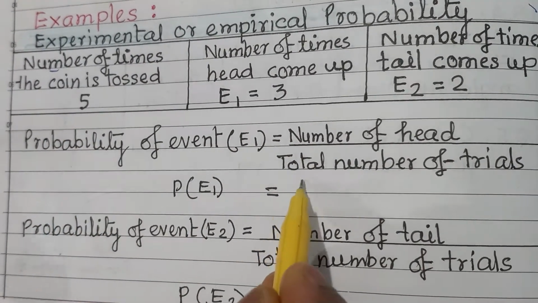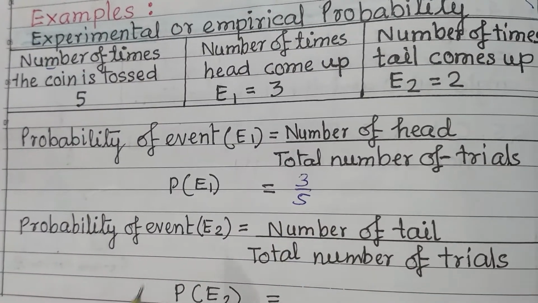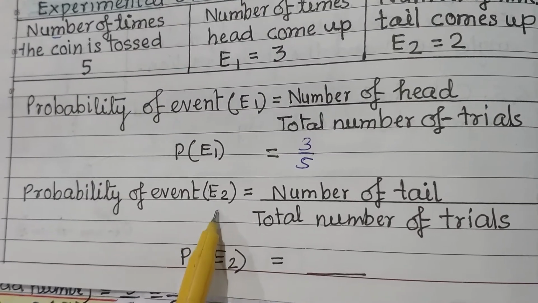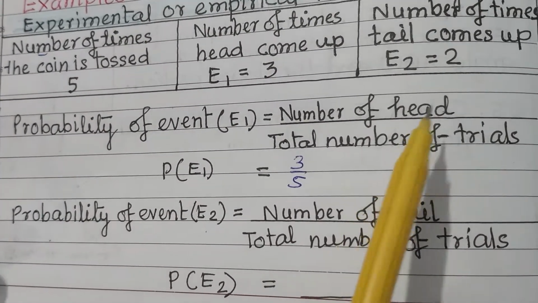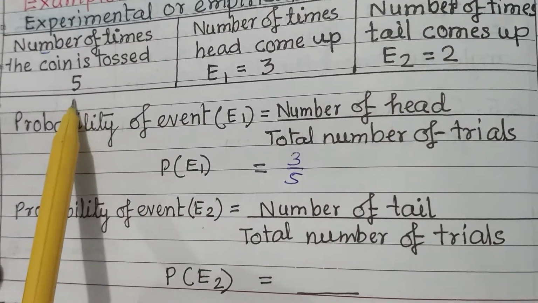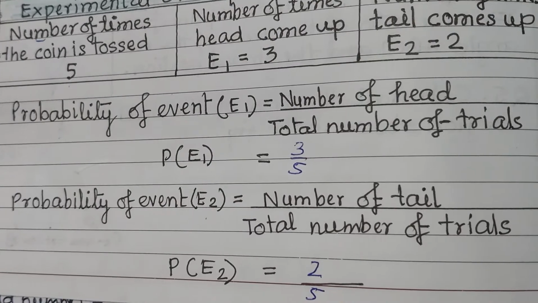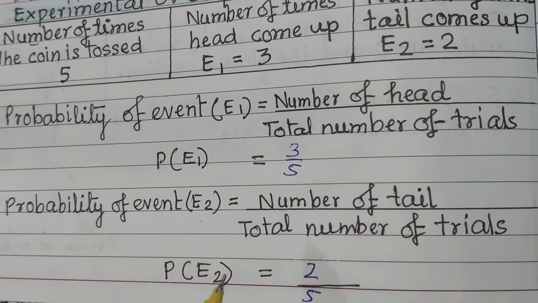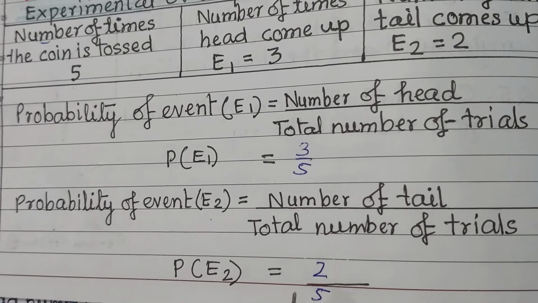So it is 3 upon 5. Next, the probability of event E2, tail: the number of tails is 2 and the total is 5, so it is 2 upon 5. By experiment we have done it and this is the result.